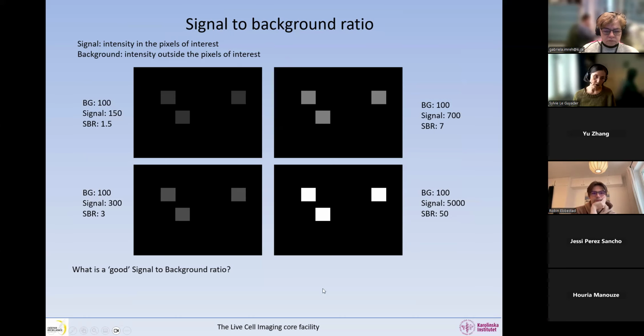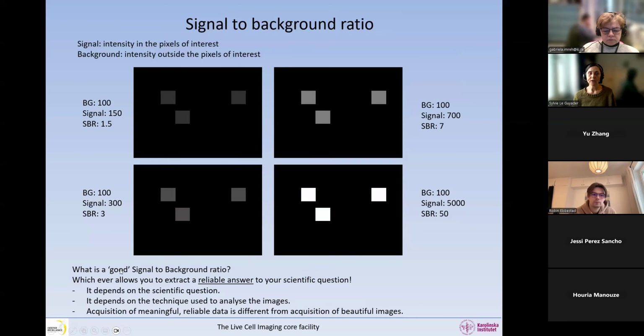So what is a good signal to background ratio? There is no rule. It's the same thing as everything else. It all depends on your scientific question. So whichever signal to background ratio allows you to extract a reliable answer to your scientific question is best, right? If you have a very low signal to background ratio, but you can get your reliable answer, fine, you don't need to bother.